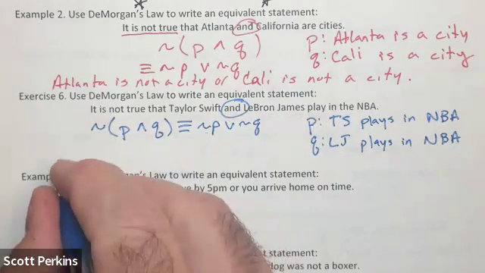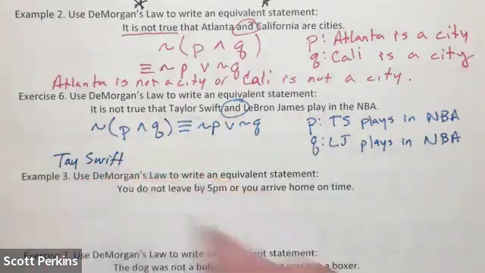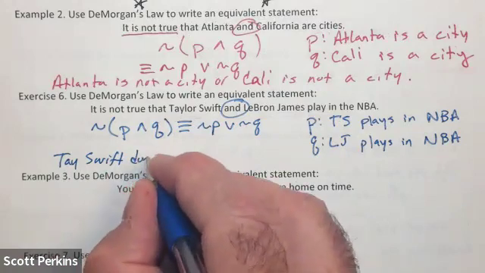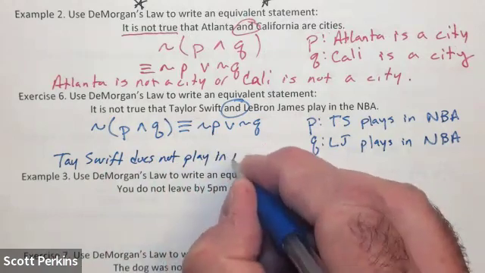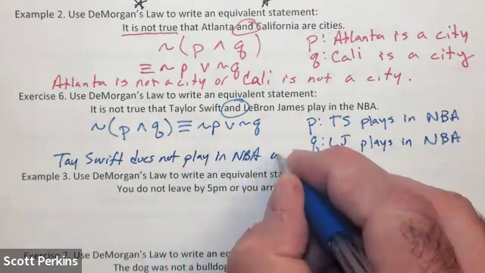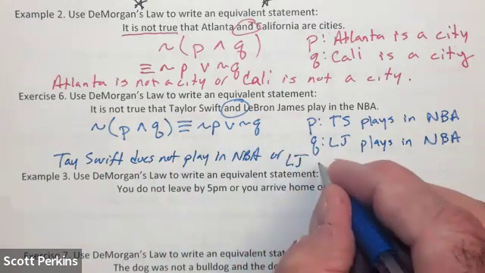So let's write that in words. Squiggly P is Taylor Swift does not play in the NBA, or squiggly Q, LeBron James does not play.